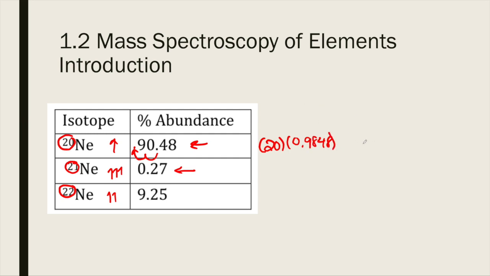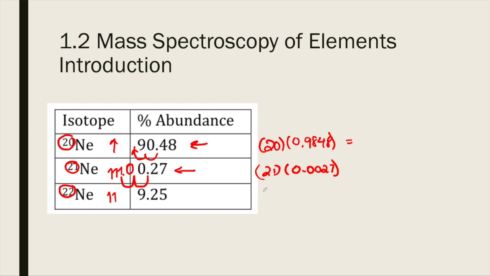And whatever number we get, we write here. Then we do 21 times its percent abundance. Now here, be careful. It's in percent still. So you still have to move it, meaning it's 0.0027, not 0.27. It might look confusing, but it is this.